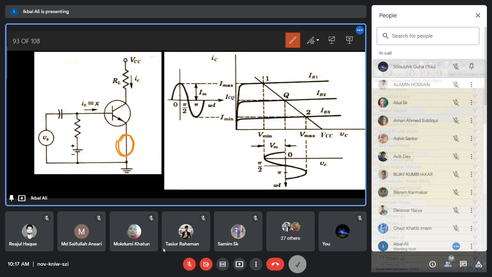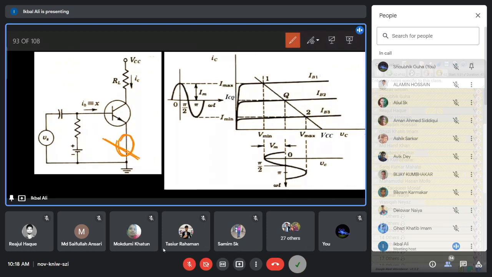But practically, when we construct the circuit, this emitter resistance will be very low. You have to connect a very low amount of emitter resistance, such that it gives you the stability, and that low amount of emitter resistance also serves the purpose of the power amplifier.